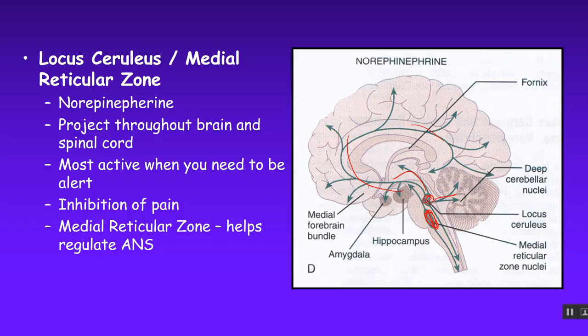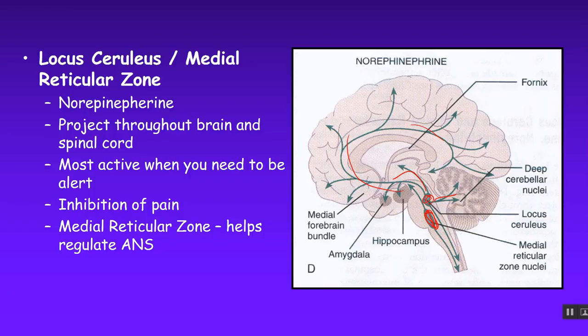You even have connections between your vestibular system and your locus coeruleus in that medial reticular zone. So for example, if you have a patient who's comatose and you're trying to get them to wake up, so to speak, and you have them laying in bed, when you're lying in bed, your vestibular system's saying you're lying down. There's no reason to have your postural muscles turned on to keep yourself upright against gravity.